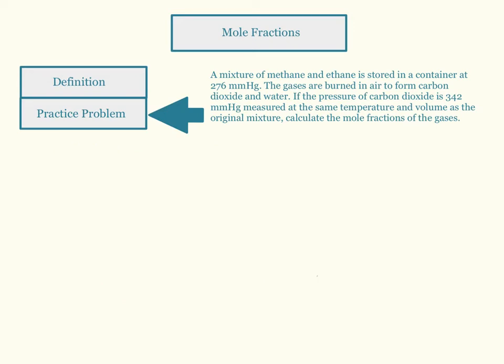Now, what I know from Dalton's law of partial pressures is that these two pressures add up to the total pressure of carbon dioxide given in the prompt. We also know that the original partial pressures added up to 276 millimeters mercury.